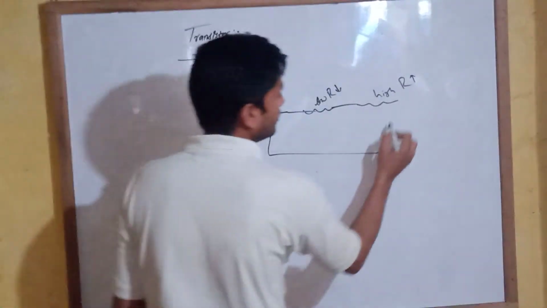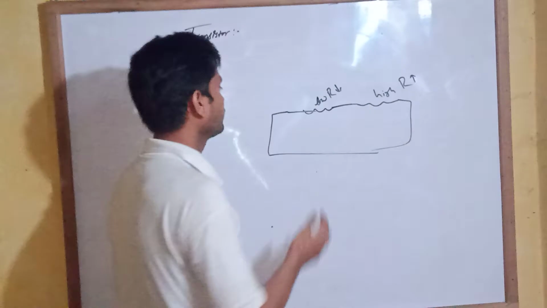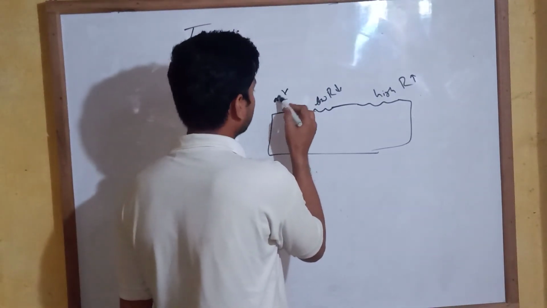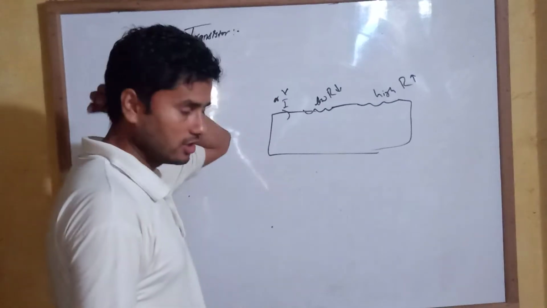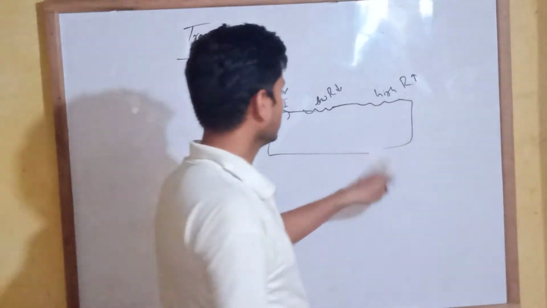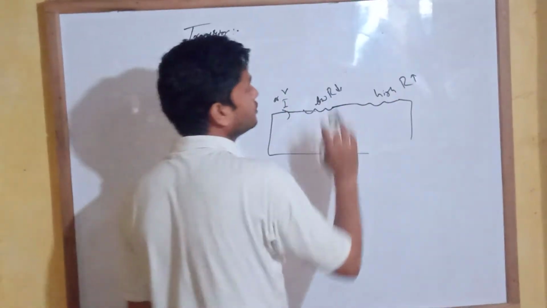It is a given kind of circuit, and we need to flow from here current or maybe voltage. It may be current or it may be voltage. It needs to pass from this portion to this portion.